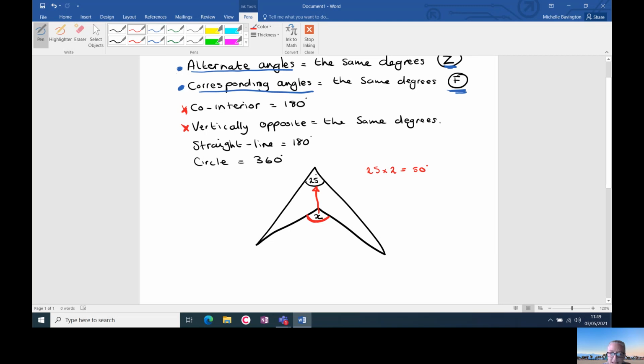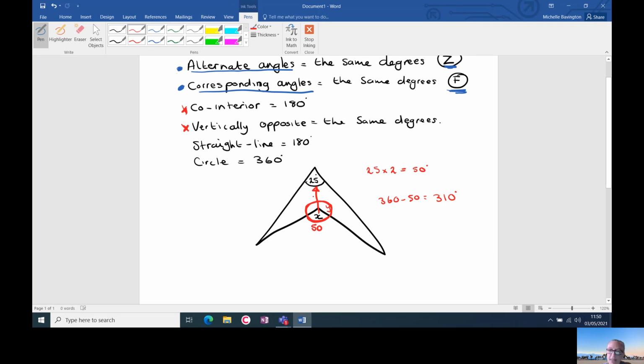So X must be 50 degrees. Now remember what we said about a circle. So if we're looking for Y, well, so far that's 50. And we've got to make 360 minus 50 equals 310 degrees. Y must make 310 degrees.